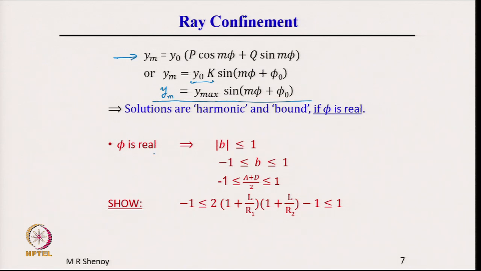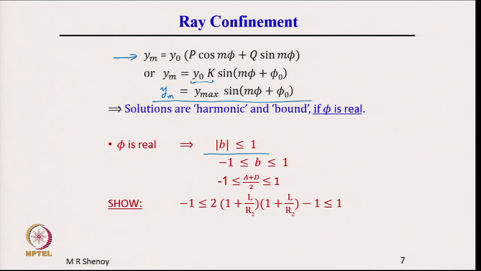Phi is cos inverse b, and therefore phi real implies mod b must be less than or equal to 1, that is, b must lie between minus 1 and plus 1. Cos phi takes values between minus 1 and plus 1 for all real angles phi.